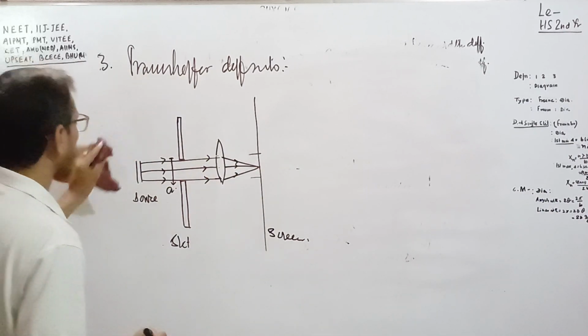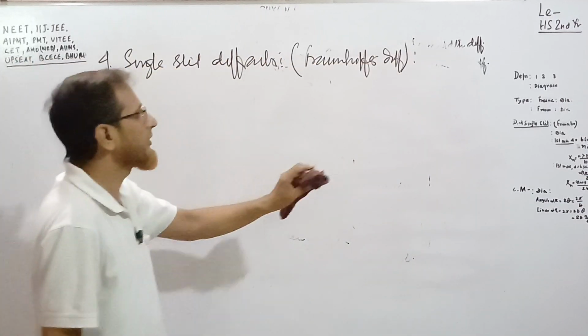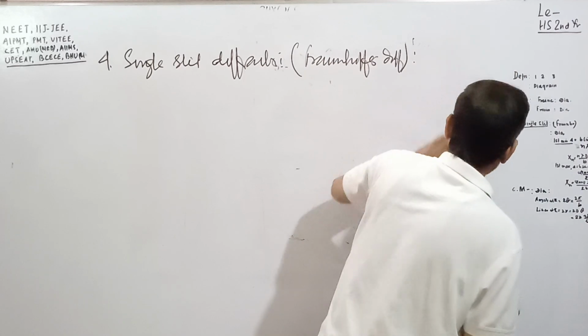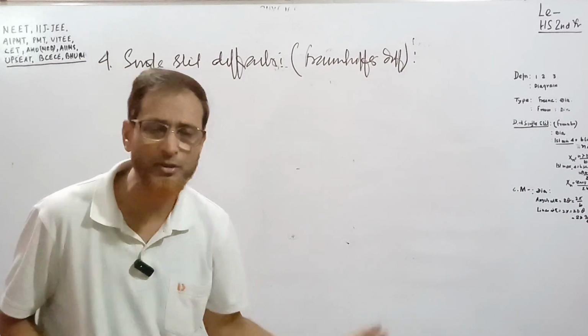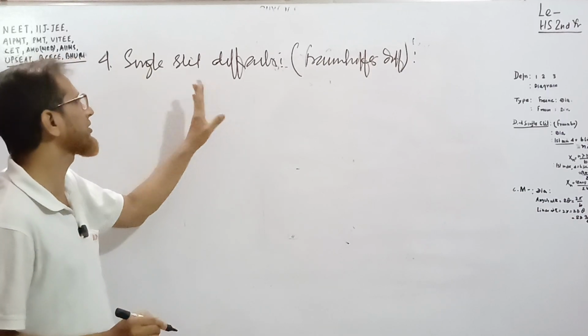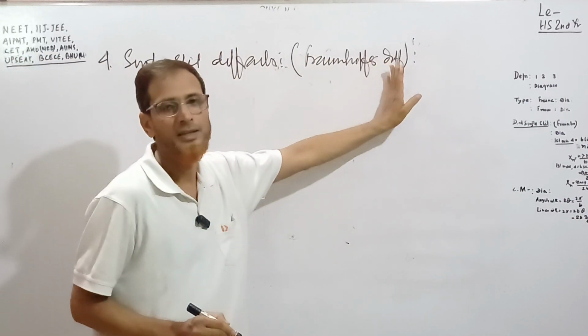This is Fraunhofer diffraction. Single slit diffraction is given in your course and questions are very often asked on it; it is a very important part. Very often in entrance exams questions are asked from single slit diffraction, which is a type of Fraunhofer diffraction.